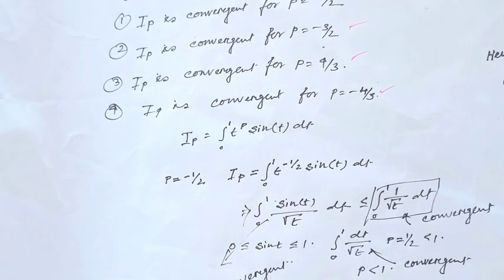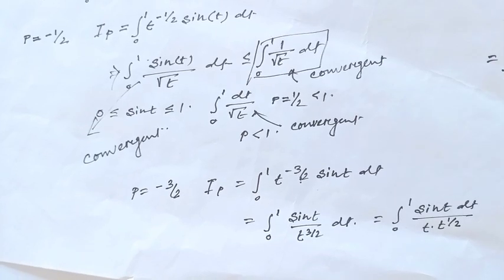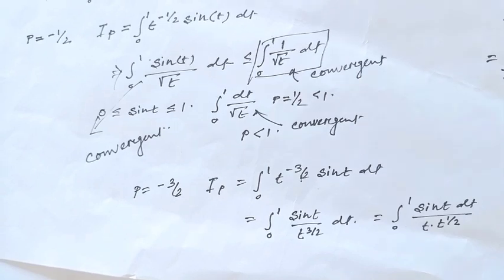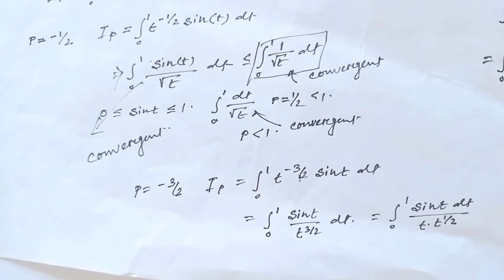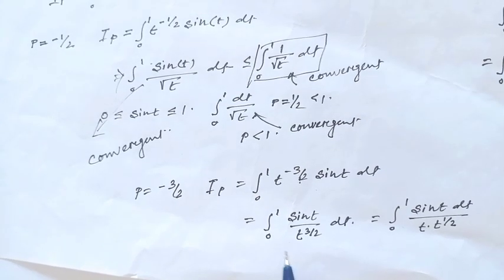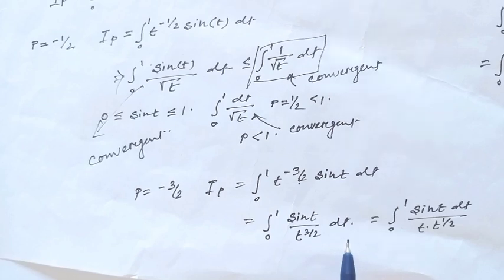Now consider p equal to minus 3 over 2. Then I_p equals the integral from 0 to 1 of t to the power minus 3 over 2 times sin t dt, which is equal to the integral from 0 to 1 of sin t over t to the power 3 over 2 dt.